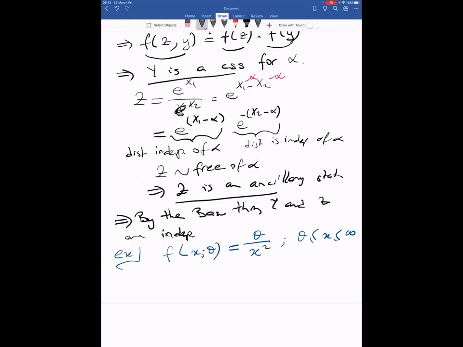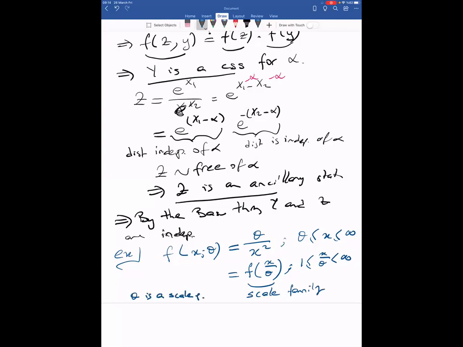Here, as you can see, this is a function of x over theta, and look at the PDF also, 1 over theta, x over theta, infinity. So it is a scale family PDF, and here theta is a scale parameter.